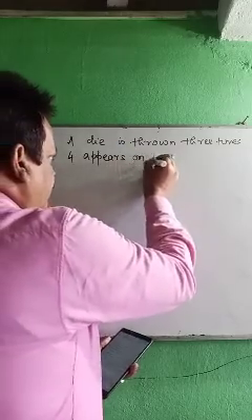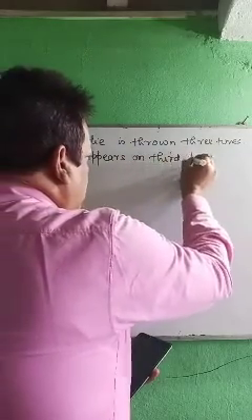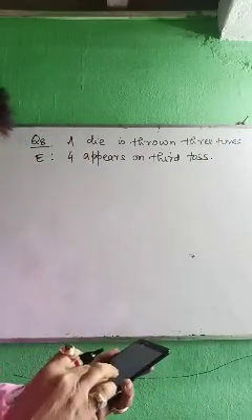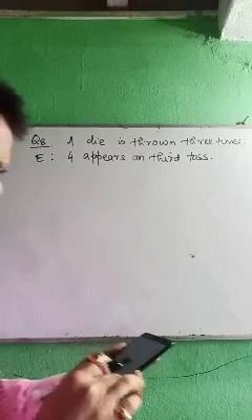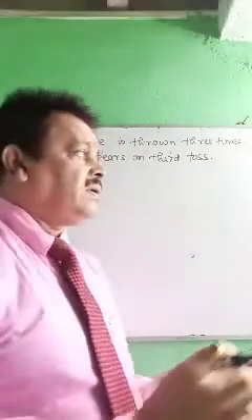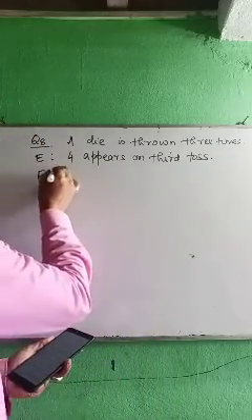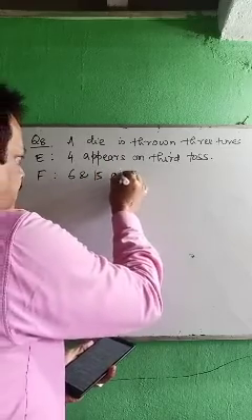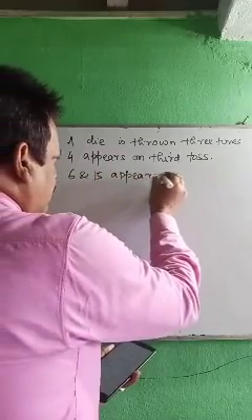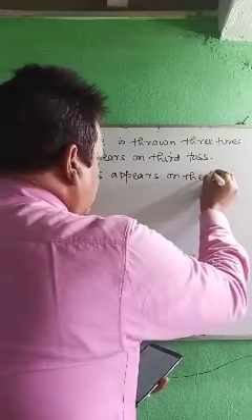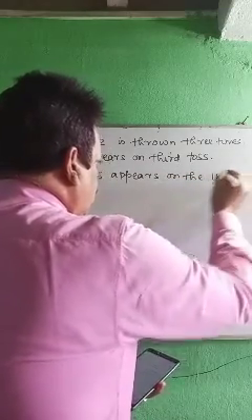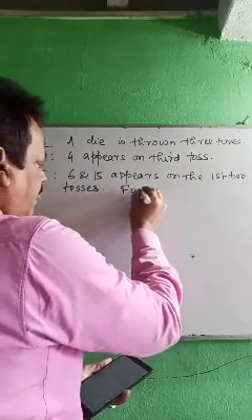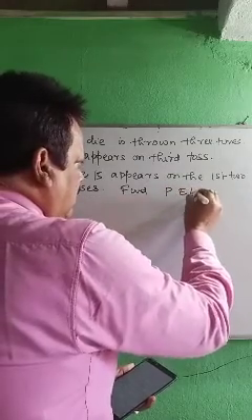F is that 6 and 5 appear respectively on the first 2 tosses. Find, the question is E condition F.